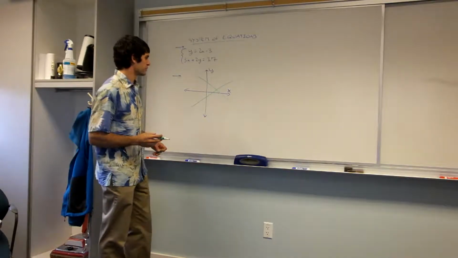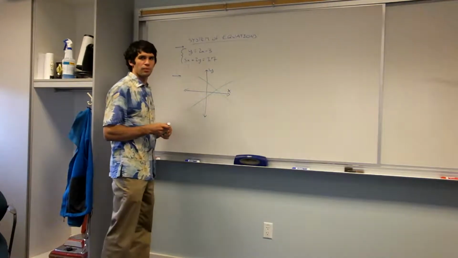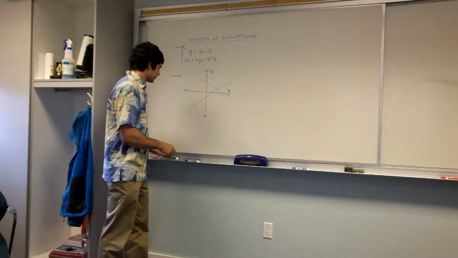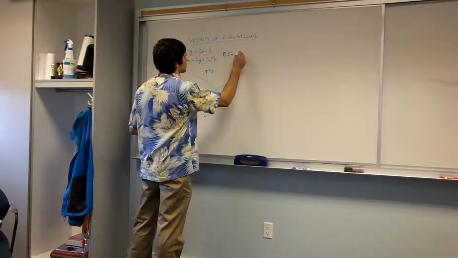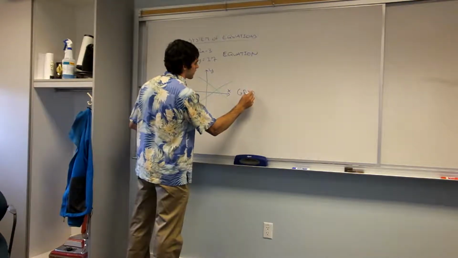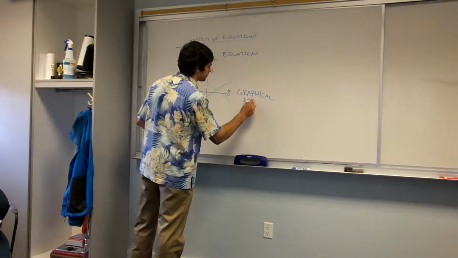And that's a system of equations because we have two distinct lines that may or may not intersect at some point. So we have the equation representation and we have the graphical representation.